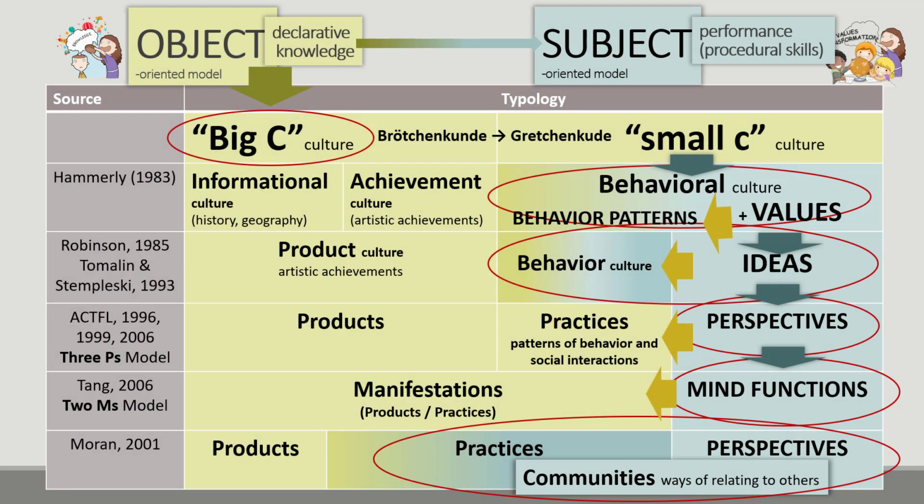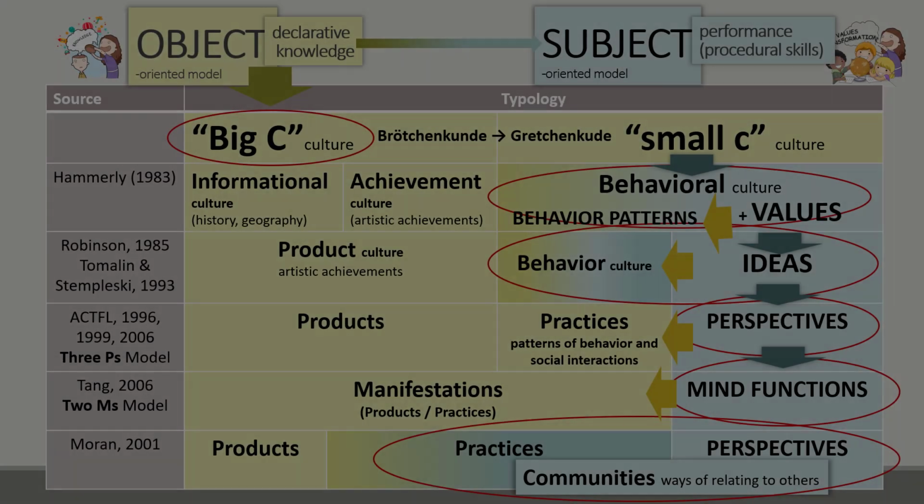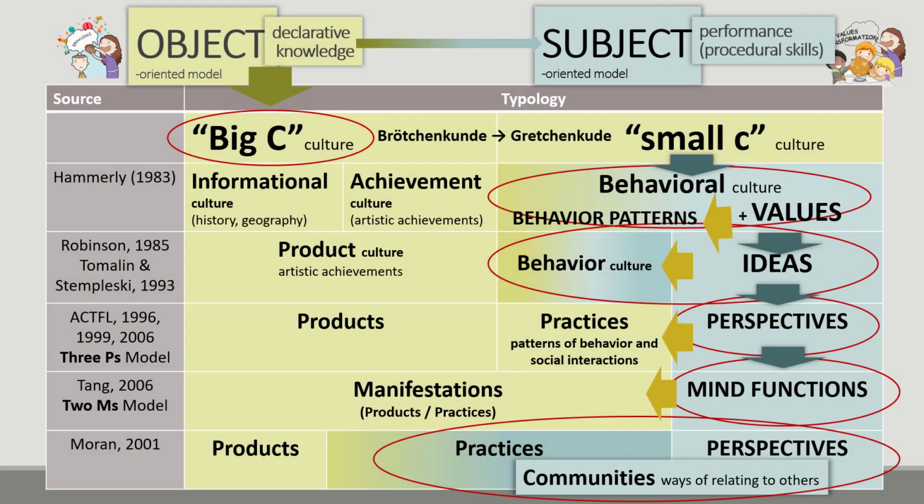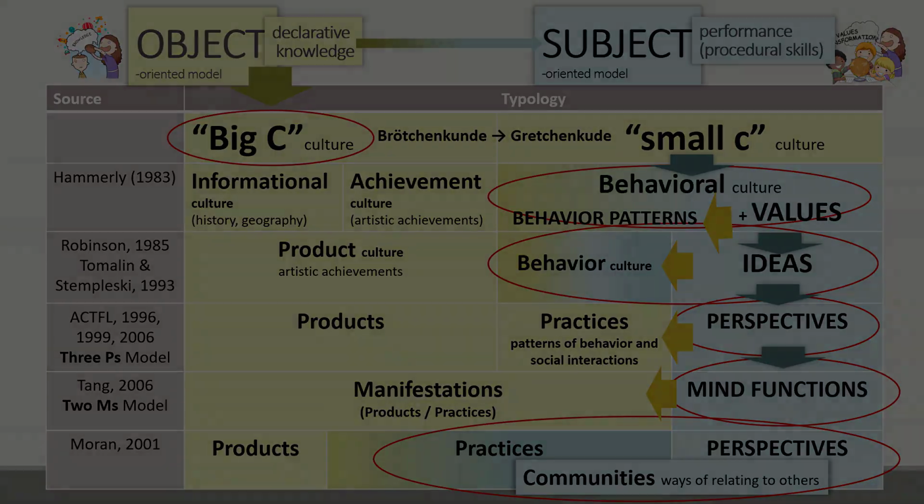Behavioral culture and later practices and perspectives have replaced the big C focused on achievement culture as the instruction center. The new typologies highlight the role of values and beliefs in shaping cultural products and fostering cultural practices.